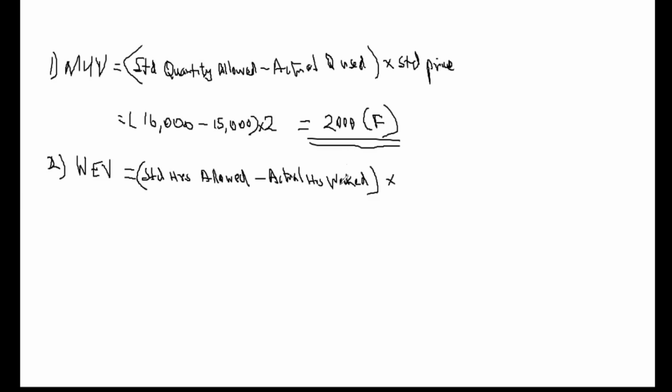Worked. Yes, that's what I'm saying. So you must be clear in your formula so that you avoid confusion. Allowed is what is budgeted, but actual can be over or below the allowed.